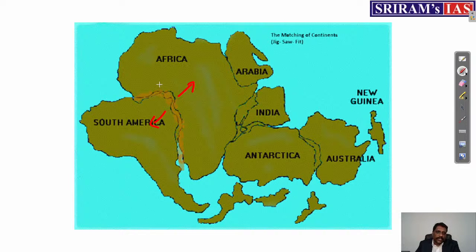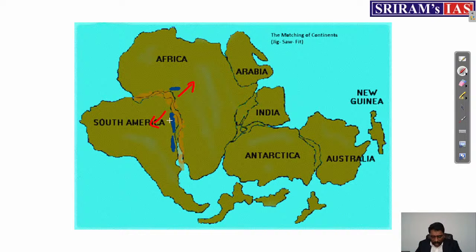And along the rift valleys, what else will I find? A block mountain. Do you have an old block mountain here? If you ask me, the answer is yes. We do have block mountains here: Serra de Mantiqueira and Serra do Mar. In Africa, we have a block mountain called the Adamawa Mountains. So block mountains right next to a rift valley strongly suggest that this region would have gone through divergence.